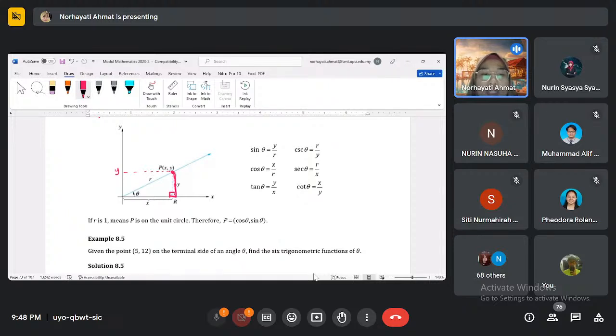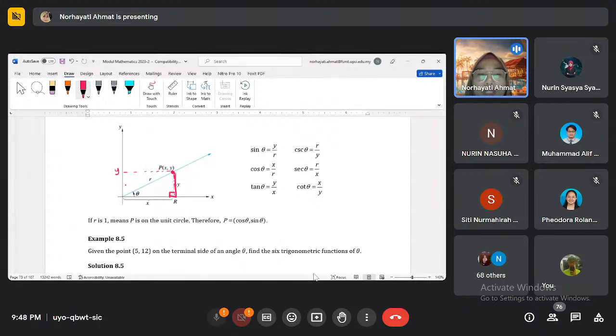The distance from point P to the y-axis is x, and from point P to the x-axis is y. So this is the length of the opposite side, opposite the angle. This is y and this is x, and this is the right angle.